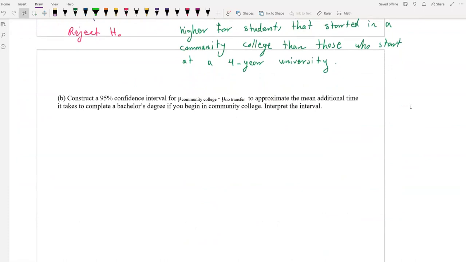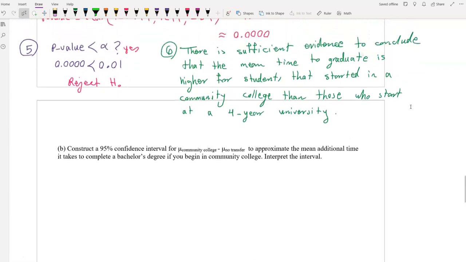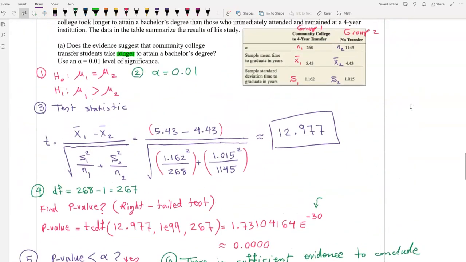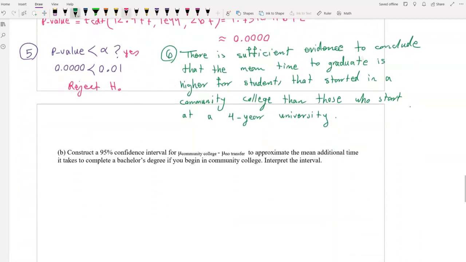Part B, construct a 95% confidence interval for mu1, the first group, which is community college, minus mu2, the second group, no transfer. So this is the same as mu sub 1 for the first group minus mu sub 2 for the second group.